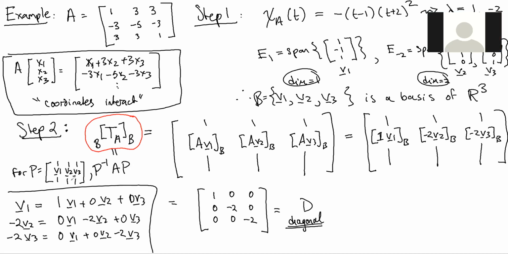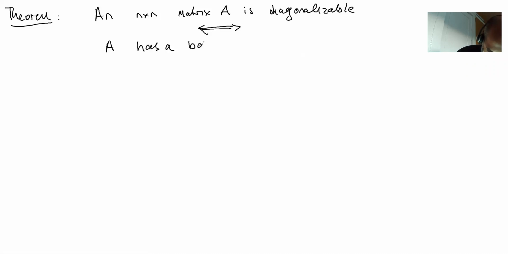Okay. Thank you. So I'll summarize this in general, since this is a very important thing. Maybe one of the top 3 things in the course, I would say. So here's a general theorem. An n by n matrix A is diagonalizable if and only if A has a basis of n linearly independent eigenvectors.